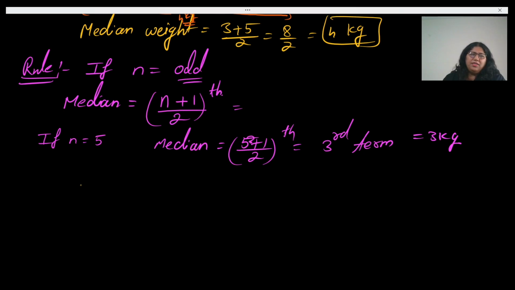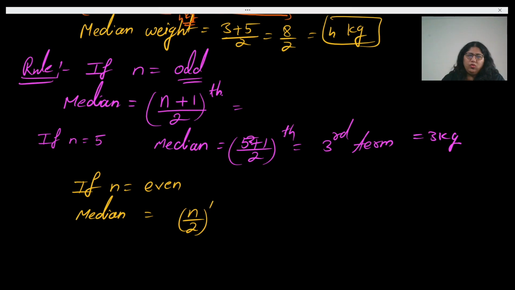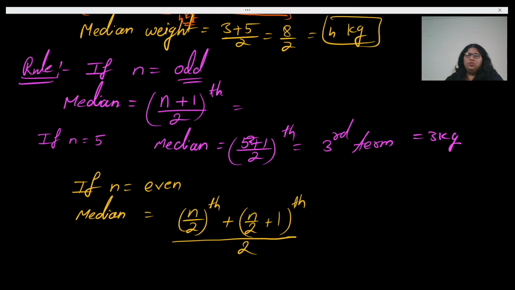Now what happens if n is even? Then the median will be the n by 2th term, that means the middle term, plus the n by 2 plus 1th term, and you take the average of these two, correct?